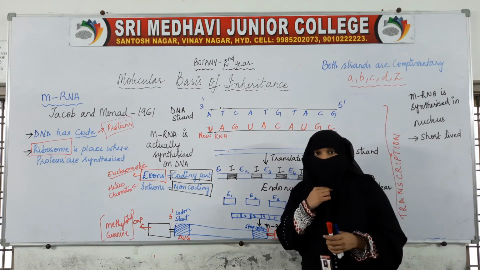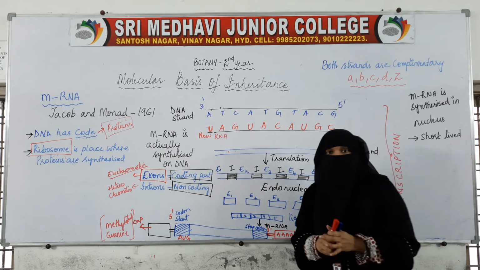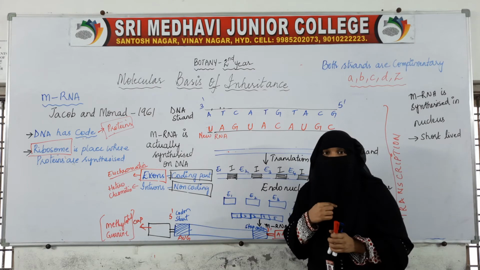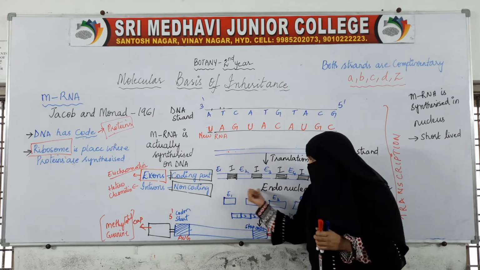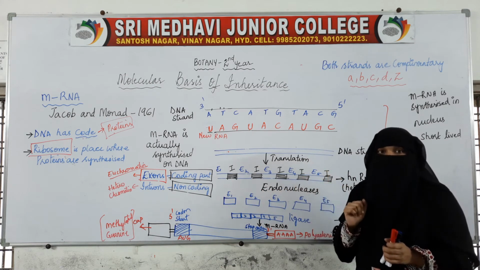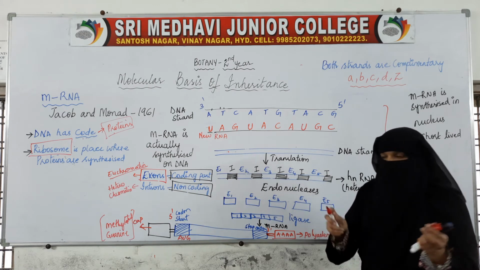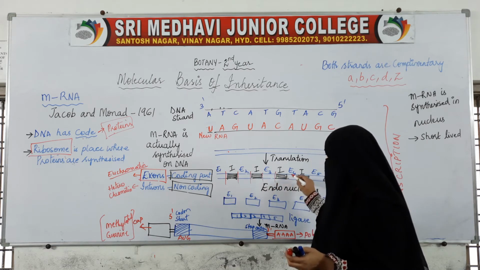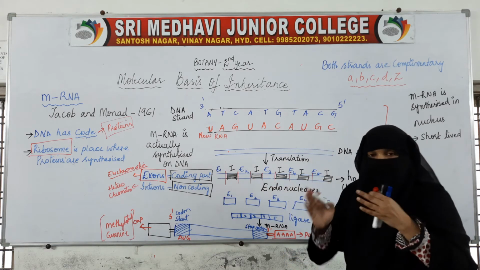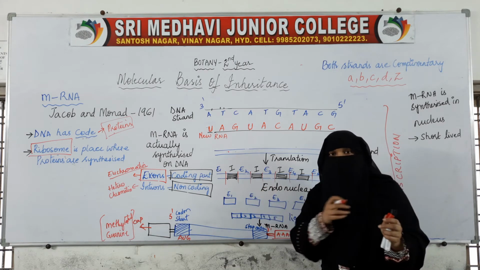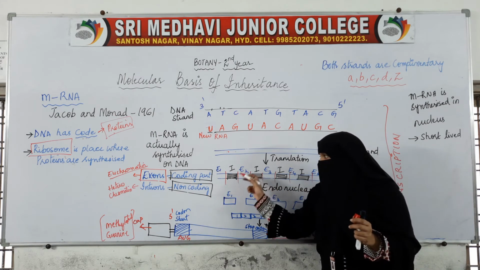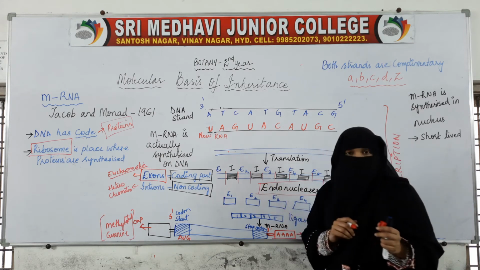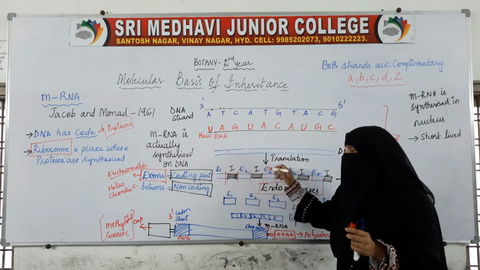Now what happens is, endonuclease is an enzyme which helps in cutting. Cuts will be made on this, so by the cutting the introns will be separated from the exons.